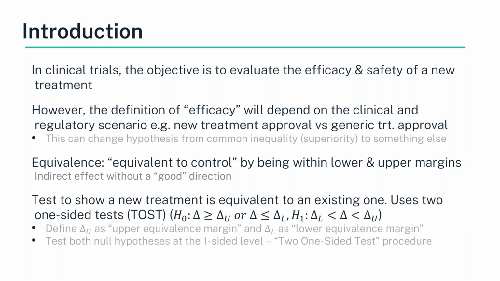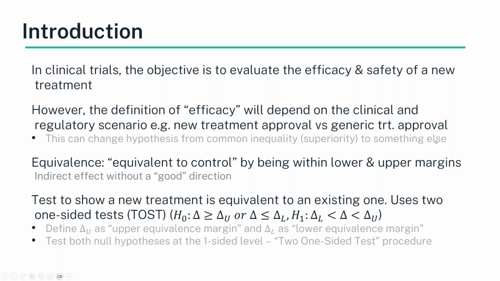So this testing procedure for equivalence tests is known as the two one-sided tests, or TOST approach.